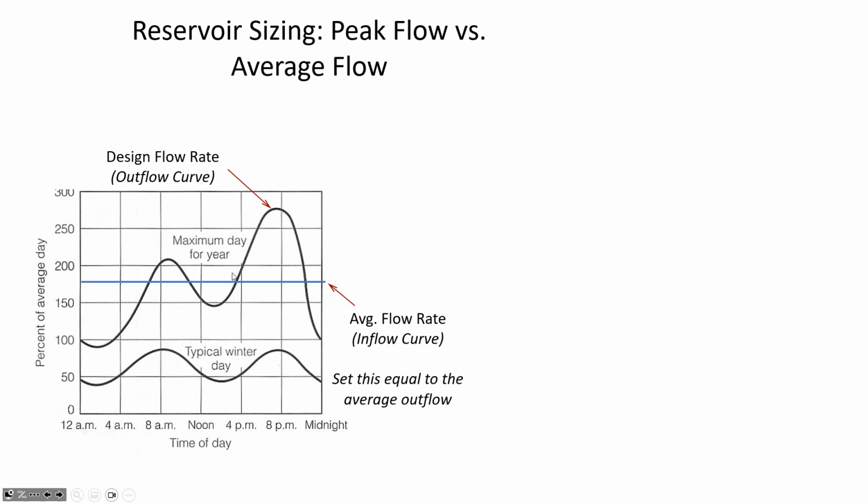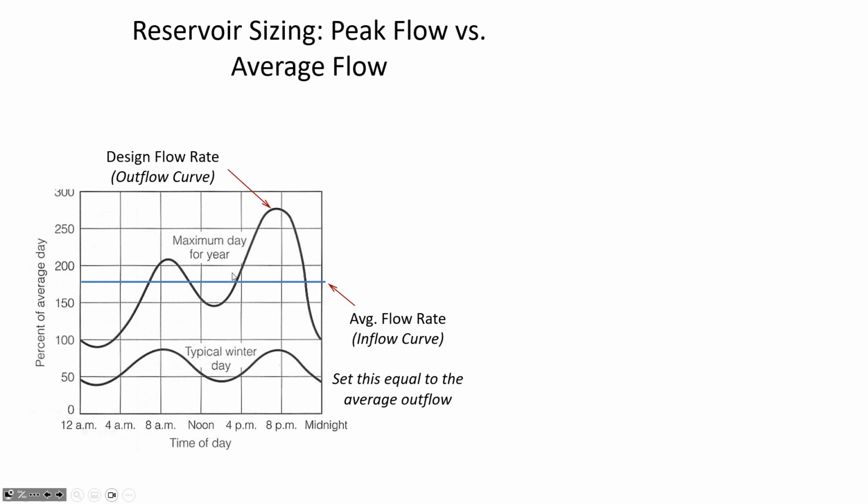Then think about the area under that line and the area above that line, representing average flow rate. So we've got some tank. The water comes in constant, and the water goes out variable.